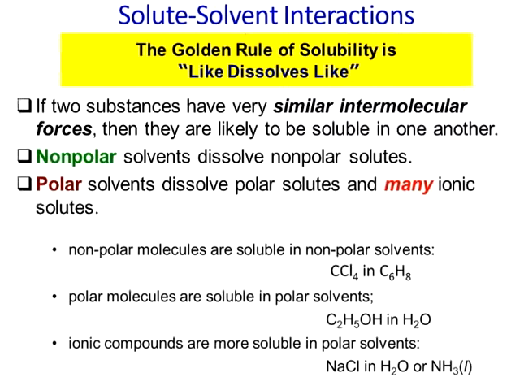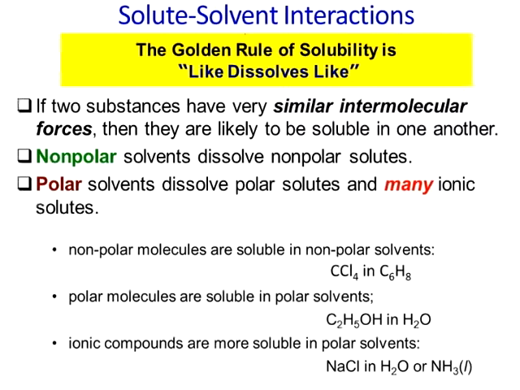If we take ethanol, ethyl alcohol, we expect it to be soluble in water because they both have OH functionality. They're both polar. We would expect sodium chloride to be dissolved in water or ammonia because they are polar solvents, and sodium chloride is highly ionic. So these are the types of decisions that you have to make.